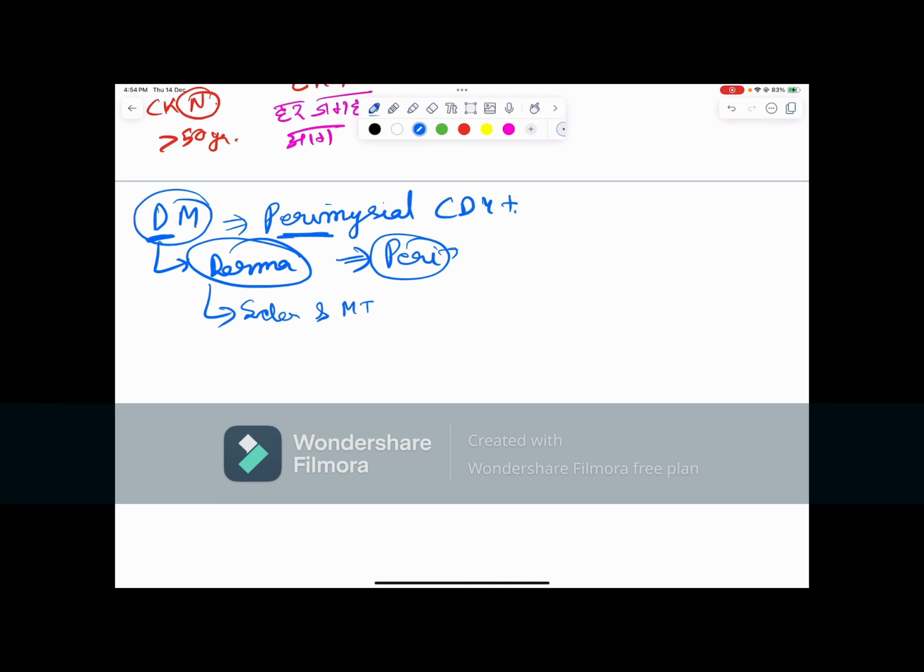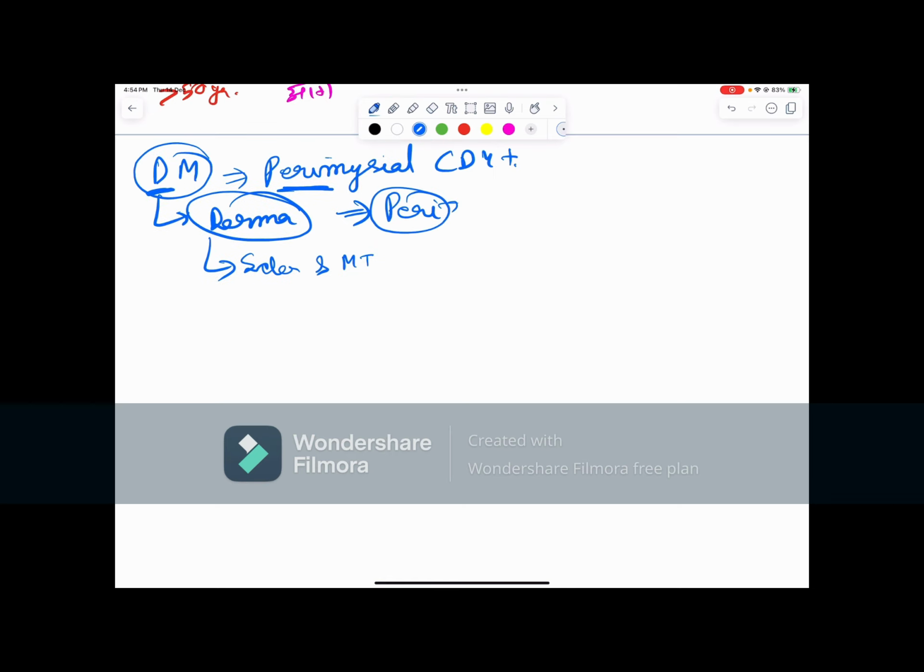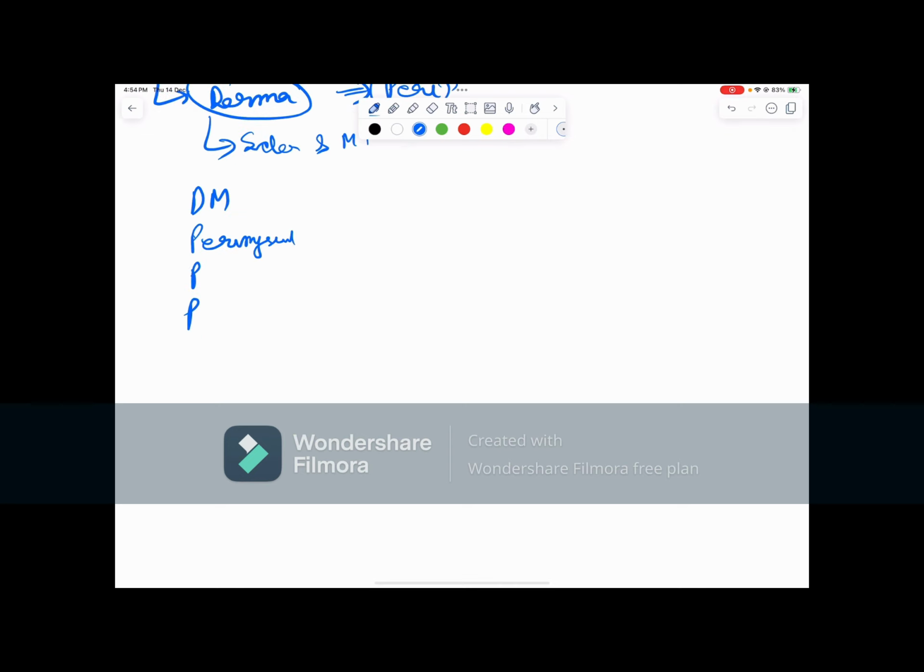In that, endomysial CD8 plus cells are involved, and in inclusion body also CD8 plus. I had said earlier that in dermatomyositis it is a covering, so everything is perimysial. Now perivascular inflammation, perivascular atrophy, so everything here in dermatomyositis is PPP: perimysial, perivascular, perifascicular.